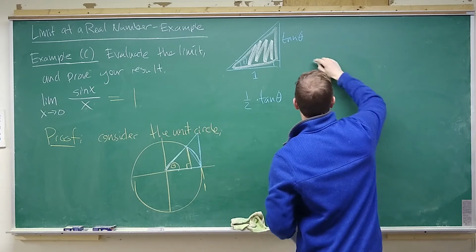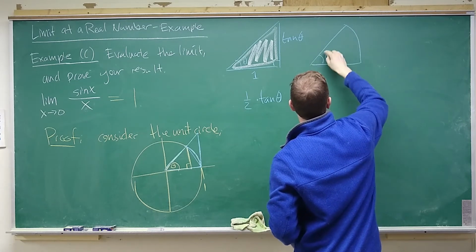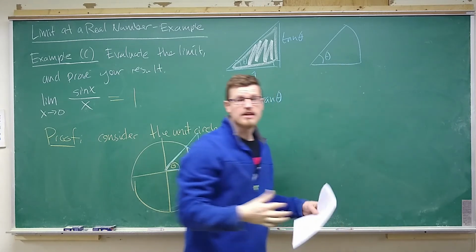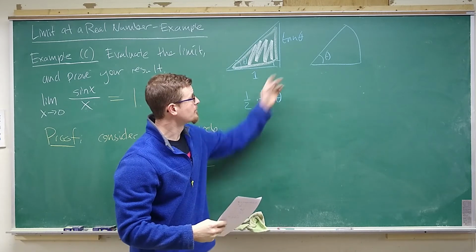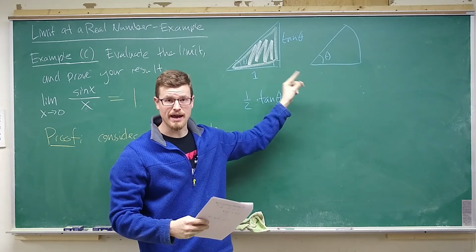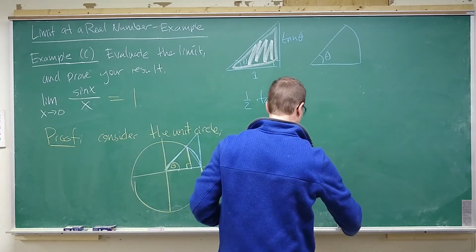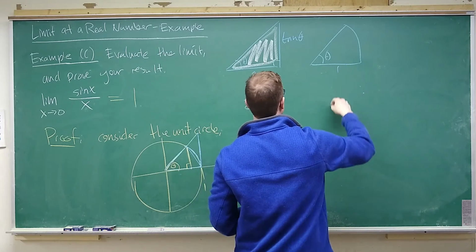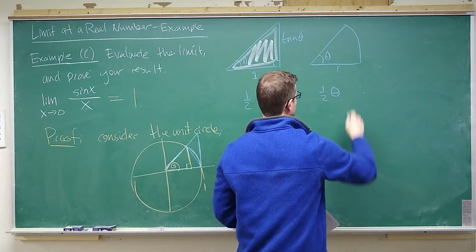So the sector, this may take a little bit of reaching back for us. The area of the sector is 1/2 of the angle measure times the radius. In this case, the radius is 1, so the area is 1/2 of the angle measure, theta.